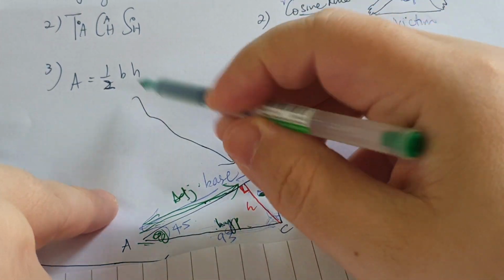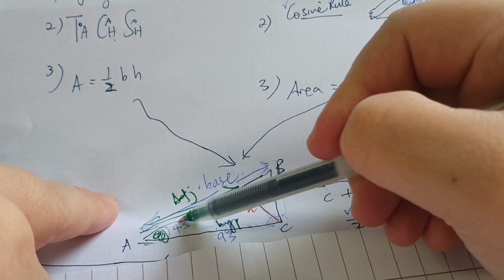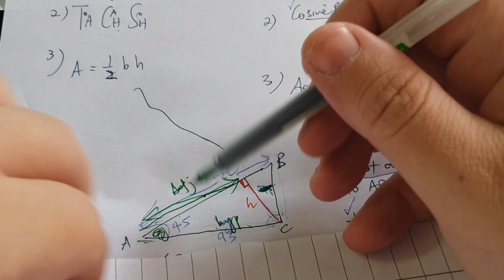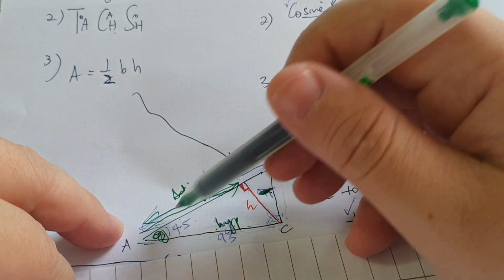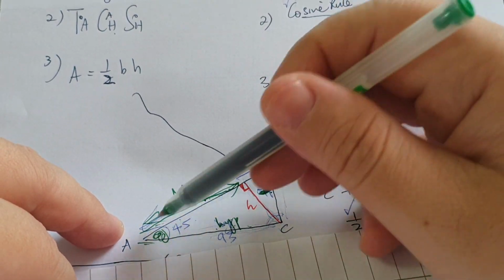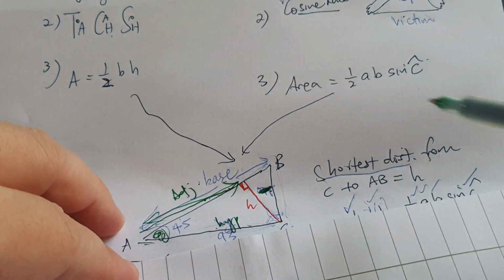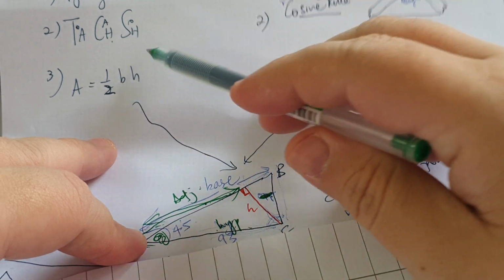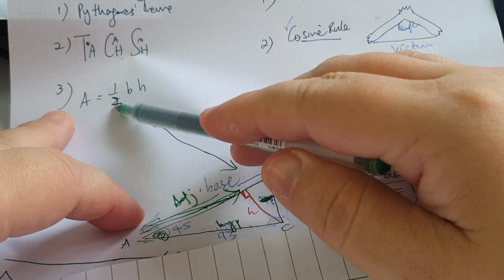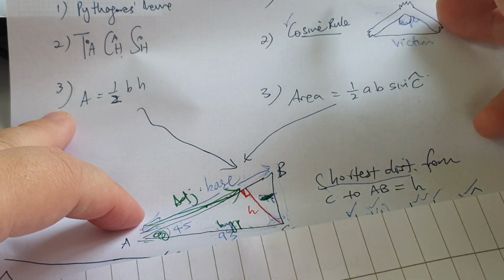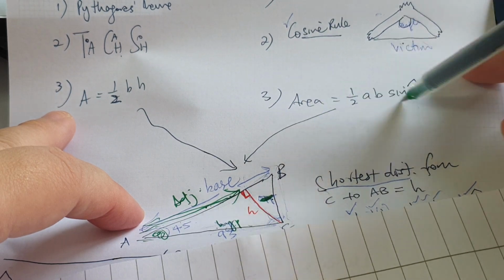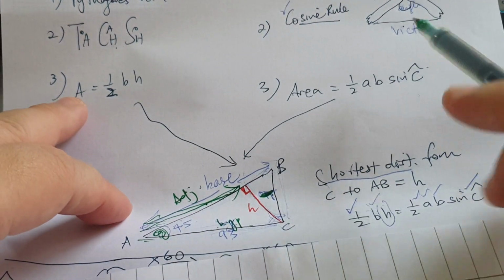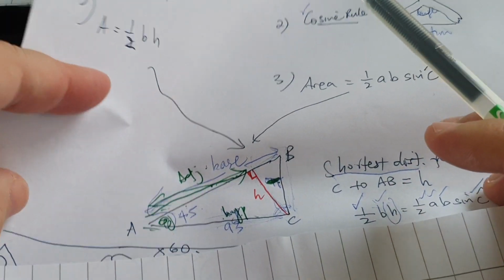A and H, you can use cosine of this angle equals A over H. So that's how you can find this length here. So it's very flexible. Once you have a right angle triangle, you can use Pythagoras, SOH CAH TOA, or this one. Non-right angle triangle, then you use sine rule, cosine rule, or this one. I hope you are clear about this. You must be very clear about this, then it'll be very easy.